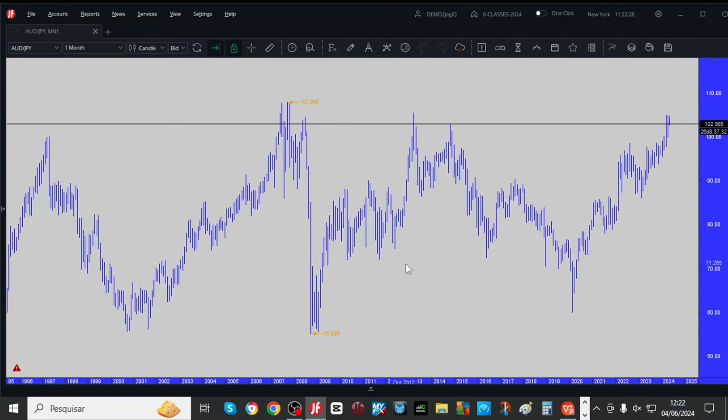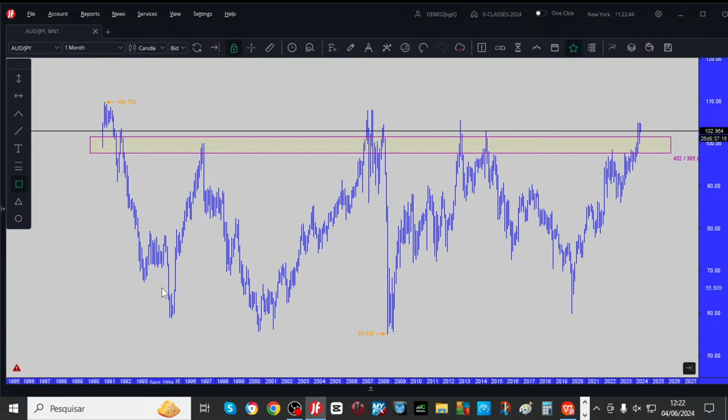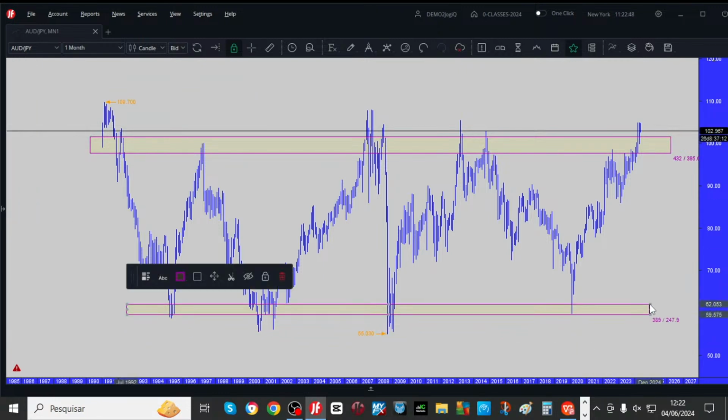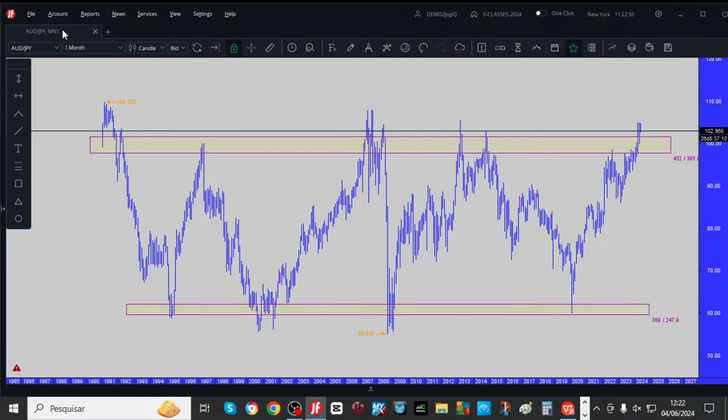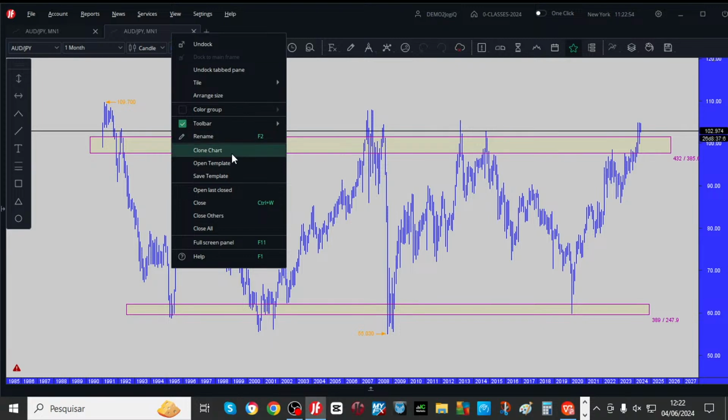And because we're on the monthly, everybody, JForex unfortunately does not have the feature to link objects, right? So this is going to be the upper band, and this is going to be the lower band somewhere. Now I'm going to clone chart.